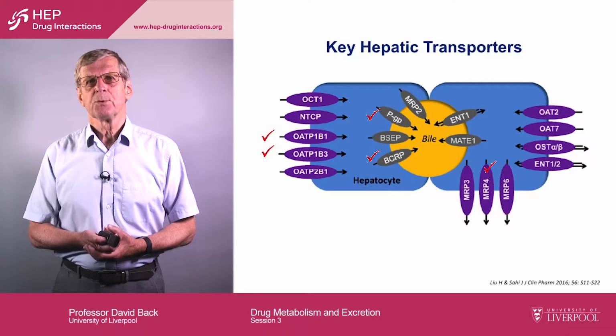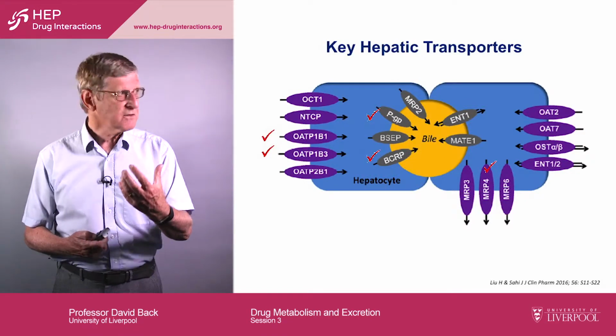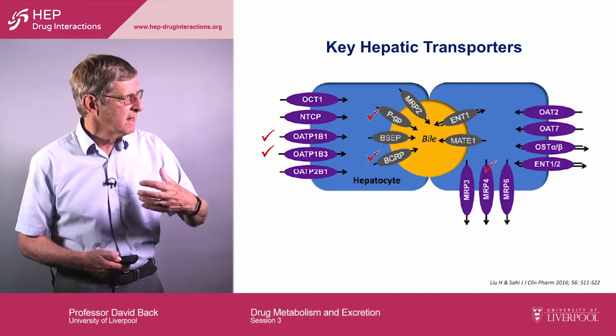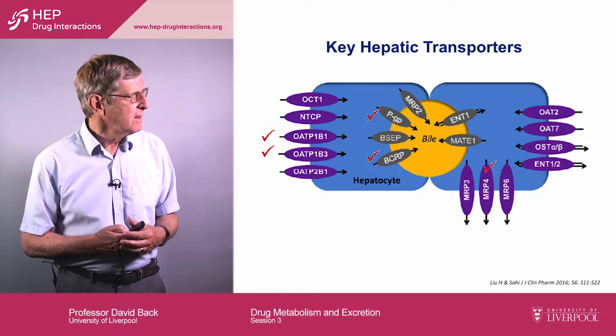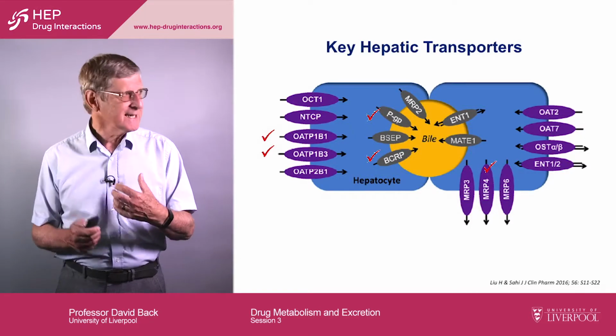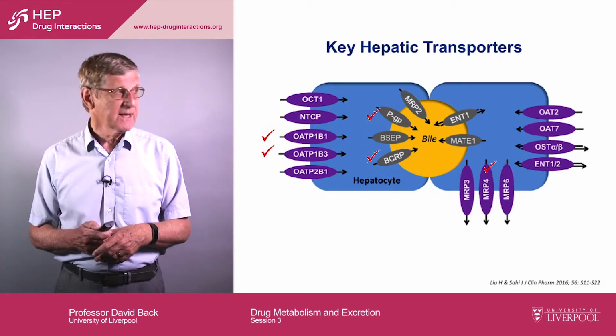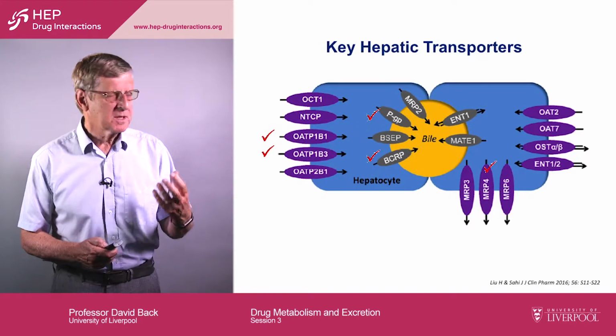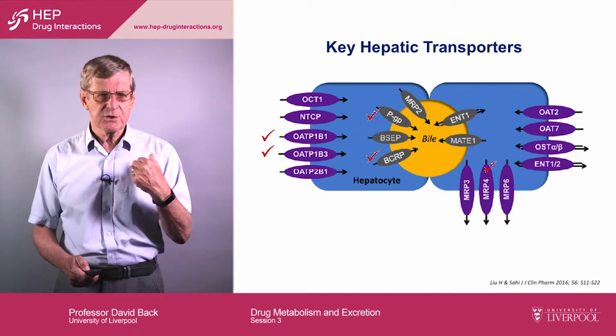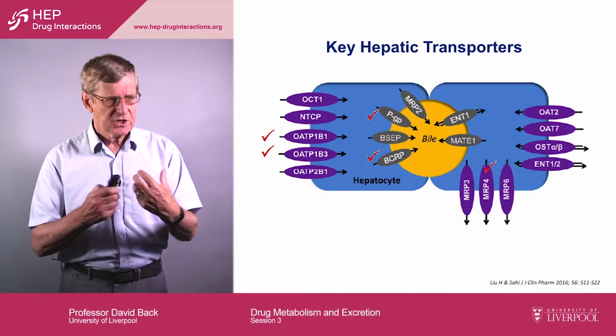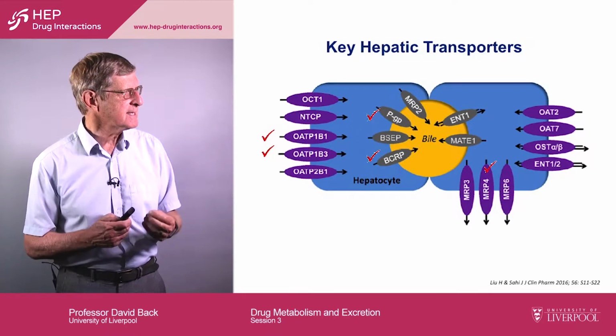Then to go to the transporters. Going into the liver cell, which is the blue hepatocyte on this diagram, you've got uptake, and the boxes that are ticked there, OATP 1B1 and 1B3, really important uptake transporters, these little shuttle pumps to get the drug into the hepatocyte.